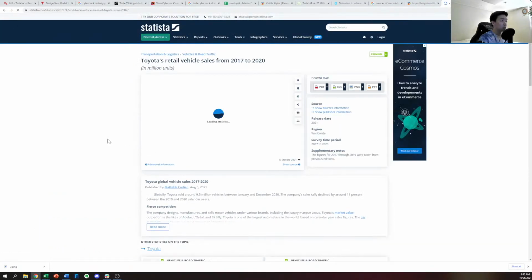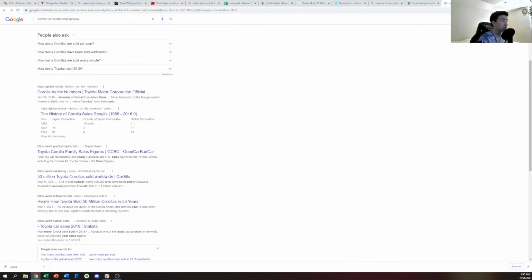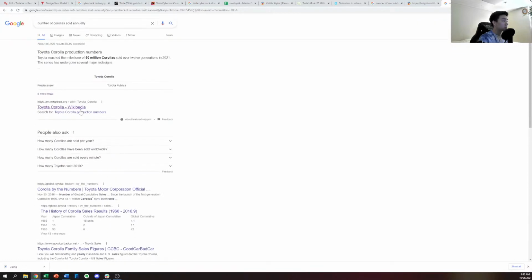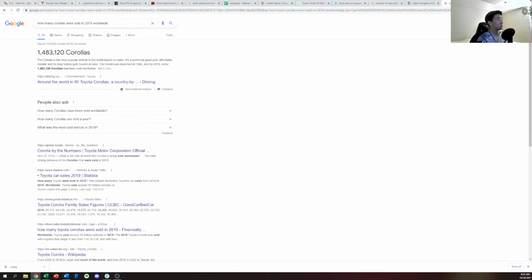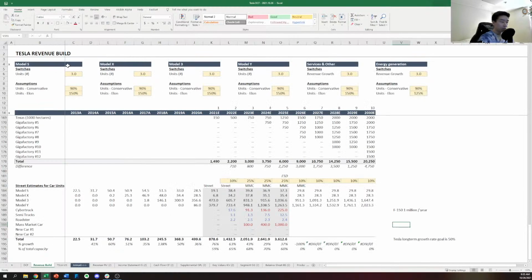Oh yeah, 1.5-ish. So Corolla is 1.5 million-ish. Obviously Tesla's going to try to sell more than that, but I wouldn't really say they're going to triple this, right? Okay, I'm just going to try to build this out the best I can first.